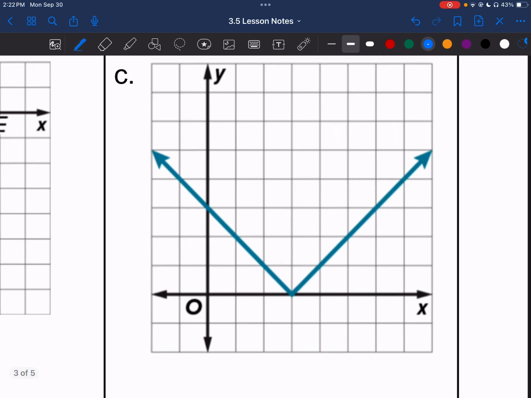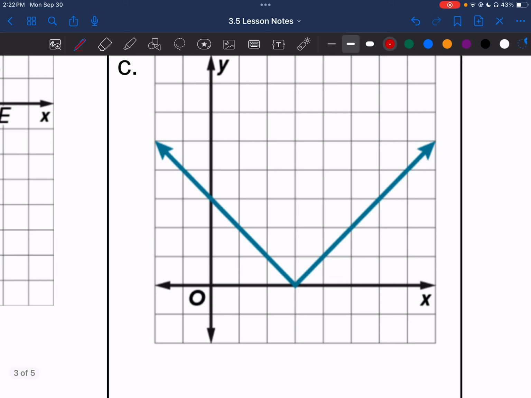Now, letter C, again, one of these absolute value graphs, our extrema is going to be this point right here. And it is at the bottom, so it is a min.